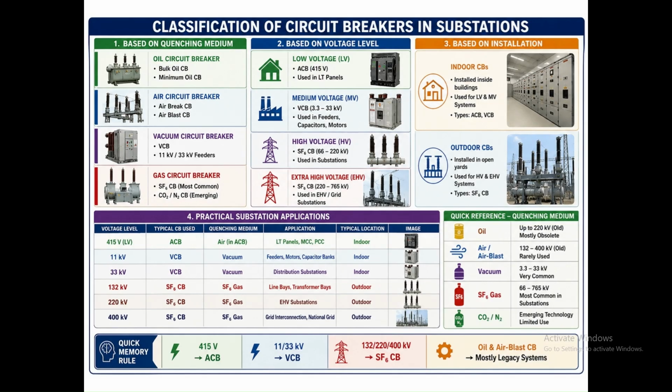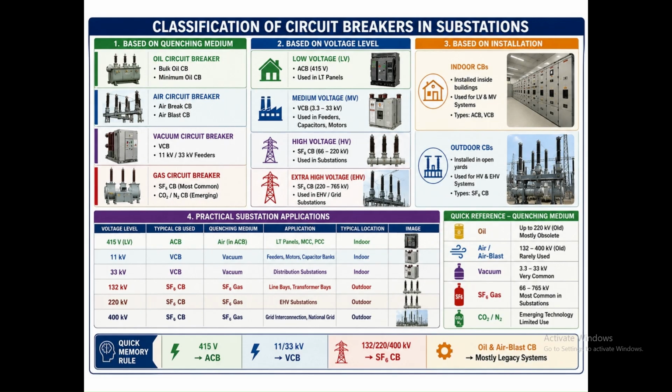This is the classification of circuit breakers in a substation. They are broadly classified into three: based on quenching medium, based on voltage level, and based on installation. Quenching medium is the arc extinguishing medium. So we can have oil circuit breaker, air circuit breaker, vacuum circuit breaker, or gas circuit breaker.